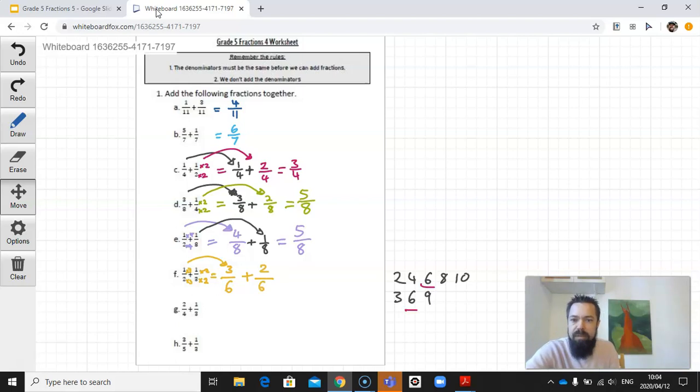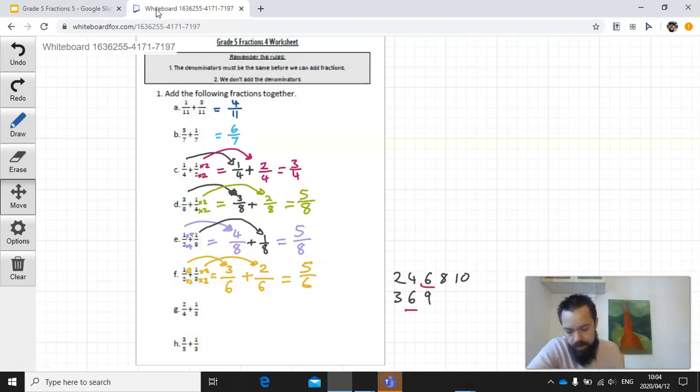So I found equivalent fractions for both of them that then give me the same denominator at the bottom. And now that I have the same denominator at the bottom, I can add them. Remembering also to keep the order of the way you're writing them down the same. Denominator stays as 6. 3 plus 2 is 5. There we go.